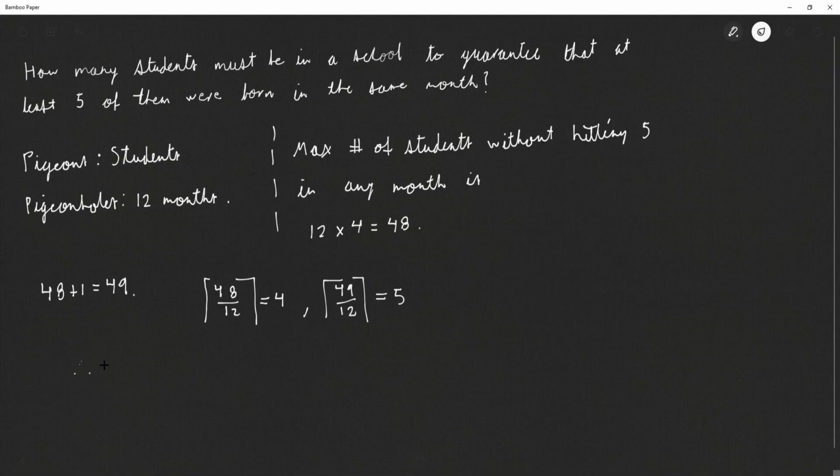Therefore, you need 49 students to guarantee that at least 5 of them were born in the same month.